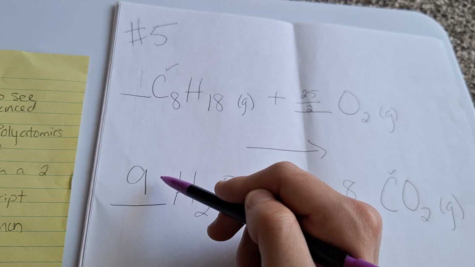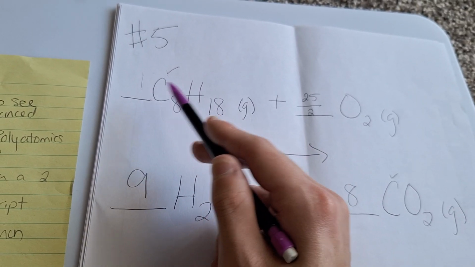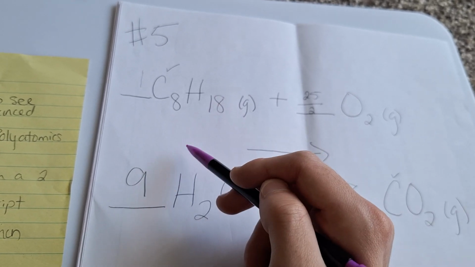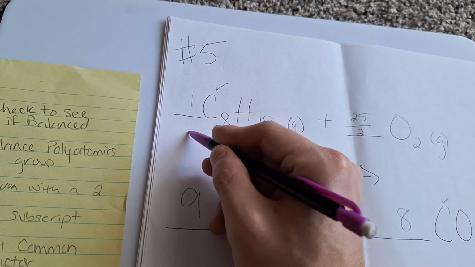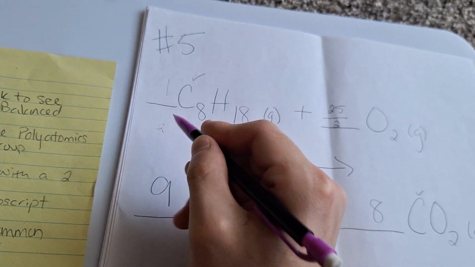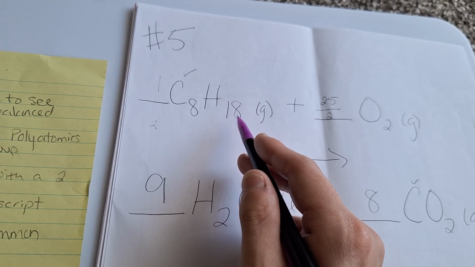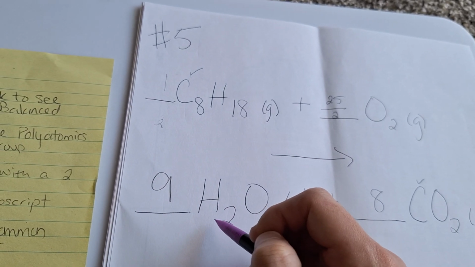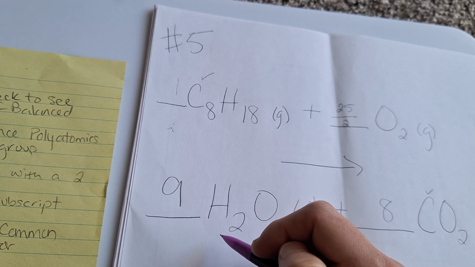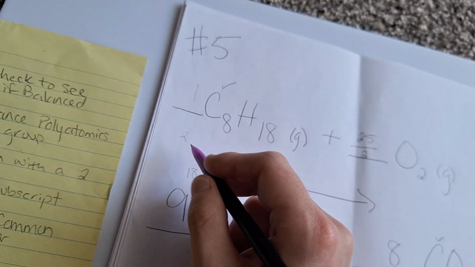So if we do it that way, it'd be 18. If we try to multiply the 18 by the 2, that'd be 36 total. I'm just free writing at the moment. So if we did a 2, that'd be 36, and then you'd have 36 divided by 2 would be 18.